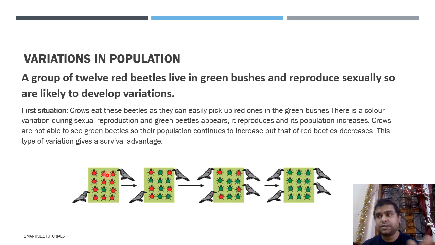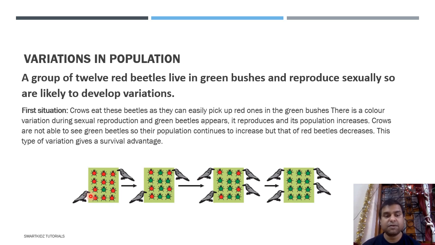During sexual reproduction, due to the mixing up of the genetic material, a green beetle also happens to come out of this reproduction. Now the crows can see these red beetles in this green bush, and they start eating them up. But who survives in the bargain is this lone green beetle.